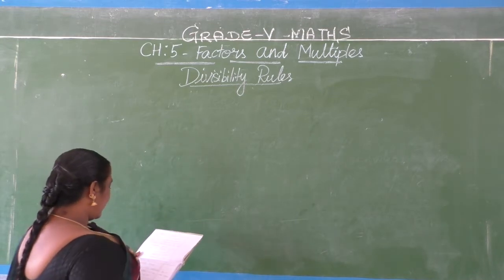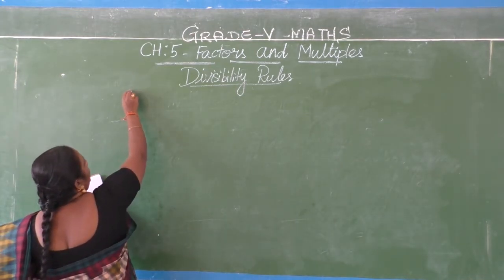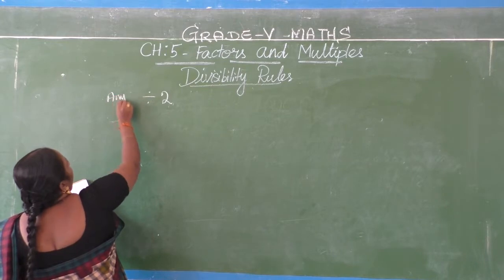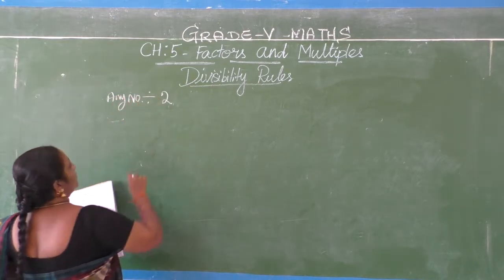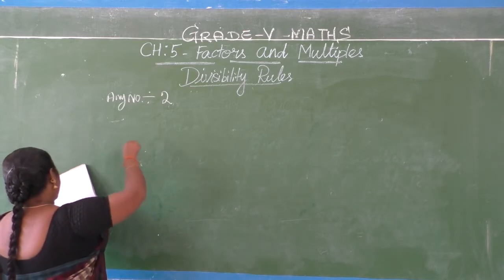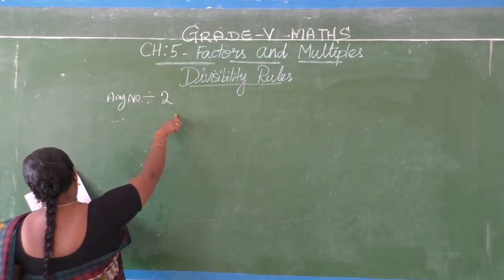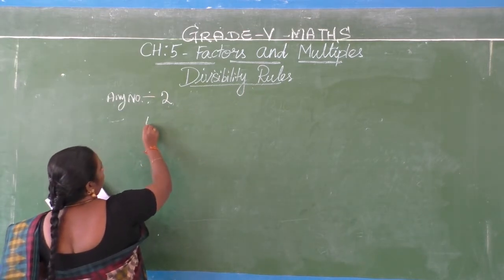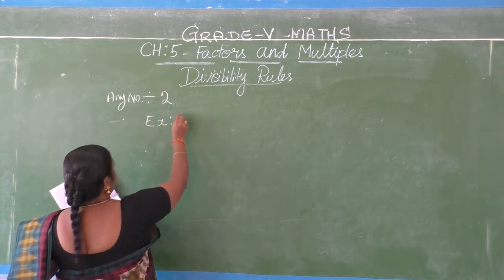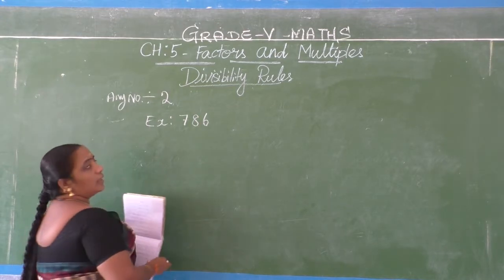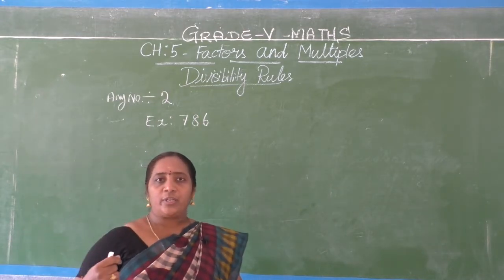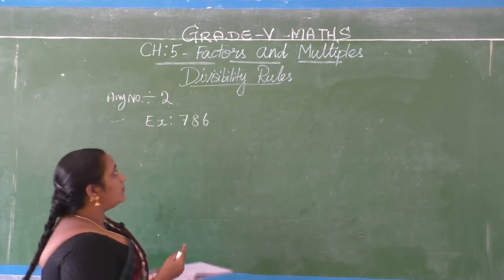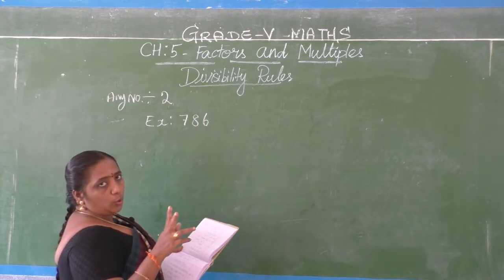What is the rule? The divisibility rule for 2. Any number is divisible by 2 if the digit in the ones place is divisible by 2. For example, 786. Without full division, that means your normal division, how can we easily find out whether this number will be divided by 2 or not?